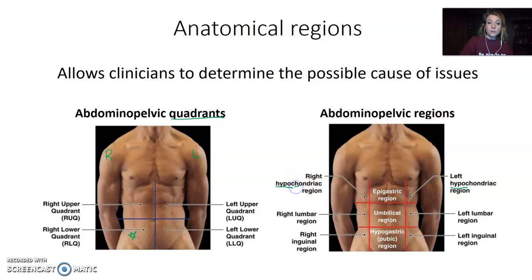The root chond means cartilage. And then iac means pertaining to. So this is pertaining to under the cartilage.